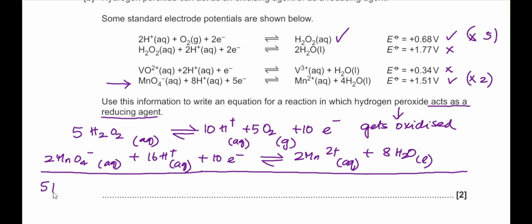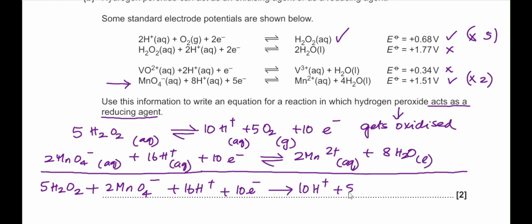So 5H2O2 + 2MnO4⁻ + 16H⁺ + 10e⁻ gives 10H⁺ + 5O2 + 10 electrons + 2Mn²⁺ + 8H2O.